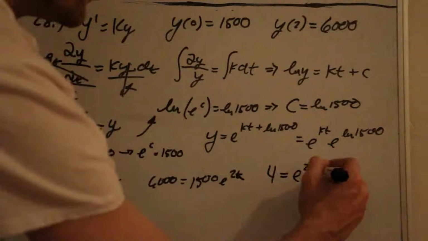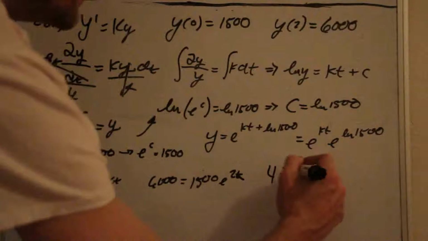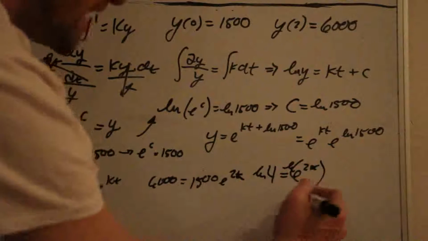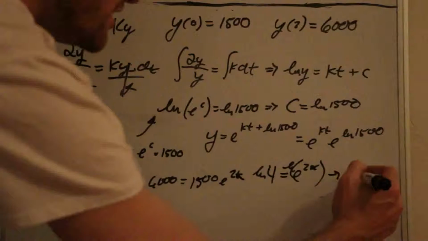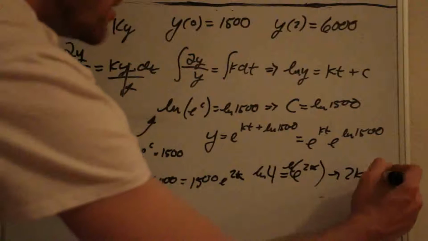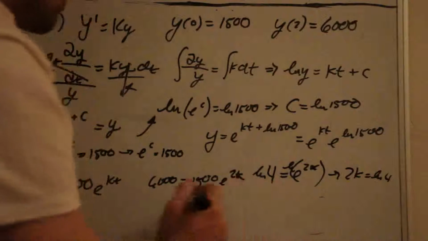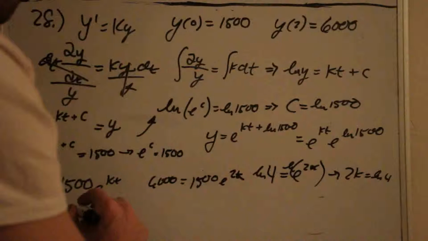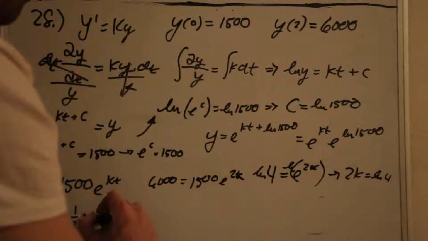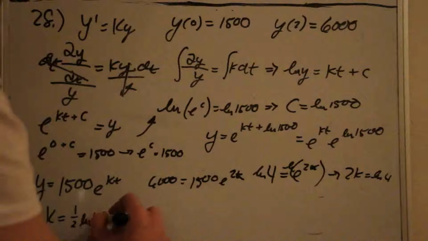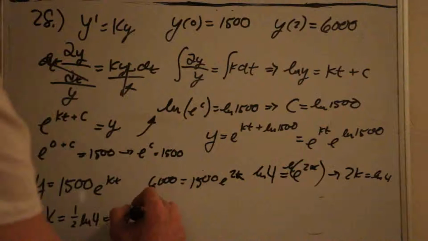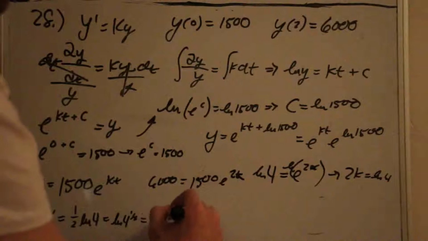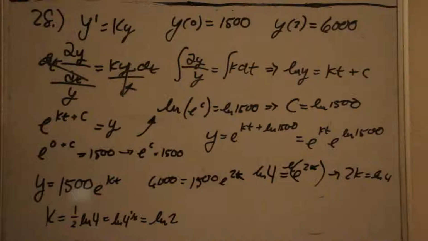Well, once again, I want to solve for k, so I take the ln of both sides. The ln of e to the 2k is just 2k, so I end up with 2k equals the ln of 4, or k equals 1/2 ln 4. Well, I can bring that 1/2 up, equals ln of 4 to the 1/2 power. Well, 4 to the 1/2 is just 2, so k equals the ln of 2.